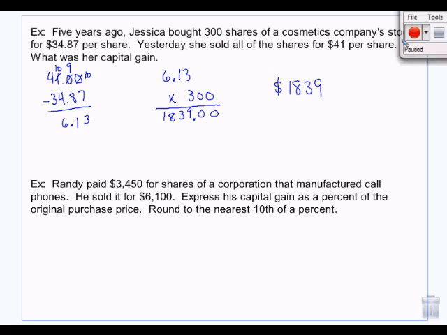So we're going to do percent capital gain on this one. We've got 6,100 as his selling price, 34.50 as his purchase price.